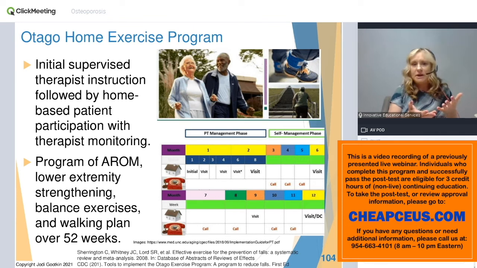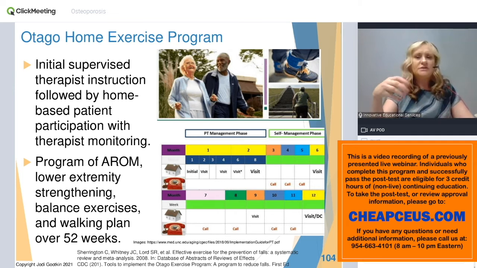It's about a 30-minute exercise program. Long arc quads, short arc quads, hamstring curls. It includes a walking program, chin tucks, trunk extension, some weight bearing exercises. The link is in the course notes packet.